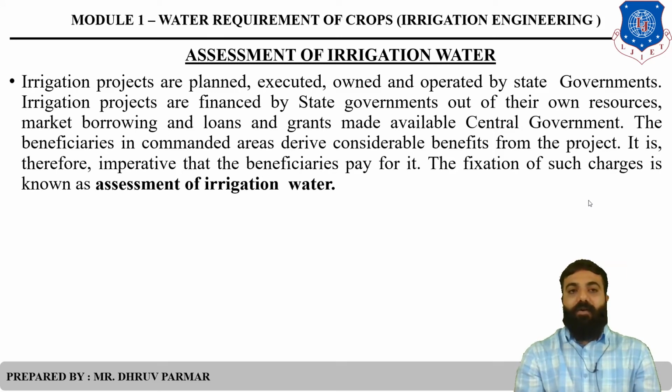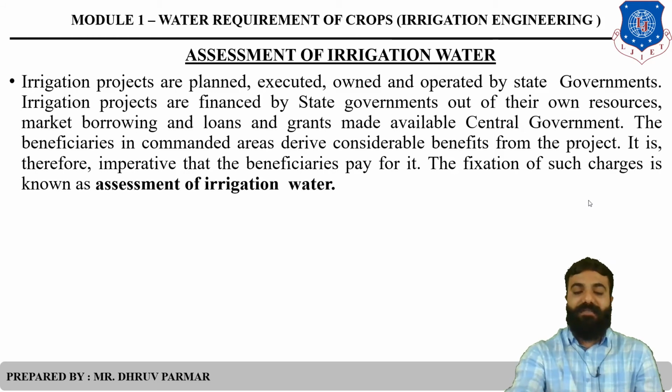So the beneficiaries benefit in the command area, obviously. We get maximum water near that particular dam and by the canal. So that's why the government lays a tax on farmers who use the irrigation water from the canal. That charge, or tax, is called assessment of irrigation water. Clear? Simple definition is that.